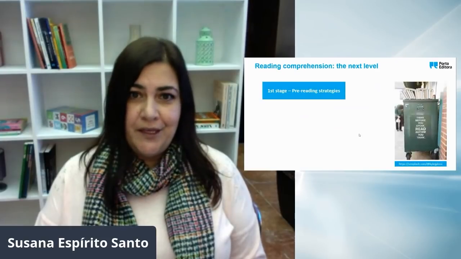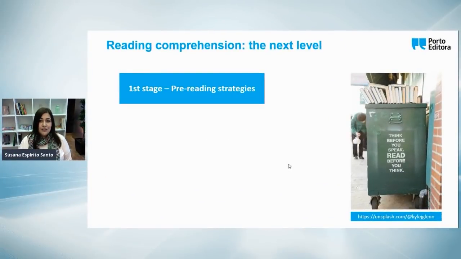So let's get back to the first stage, pre-reading. There are lots of things that you can do to raise your students' curiosity. These strategies should be varied depending on the text. One of the examples is predicting. Look quickly at the text and titles before reading. It may function like a game.